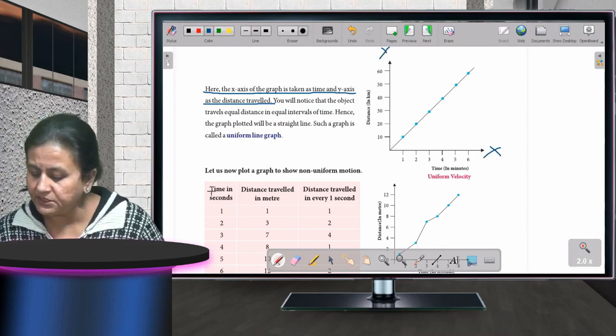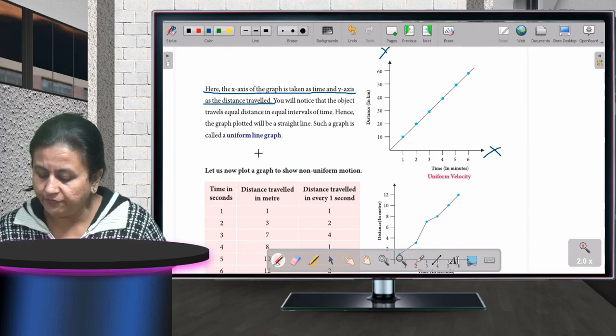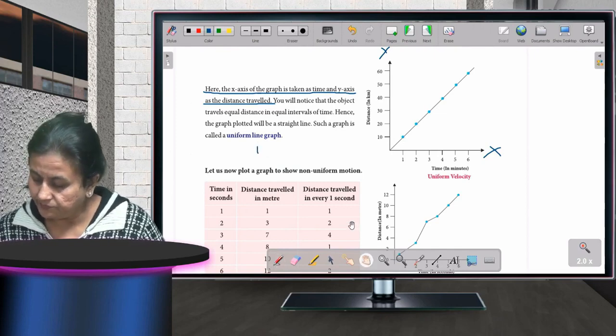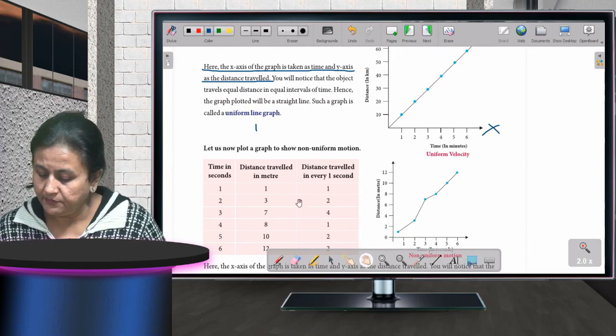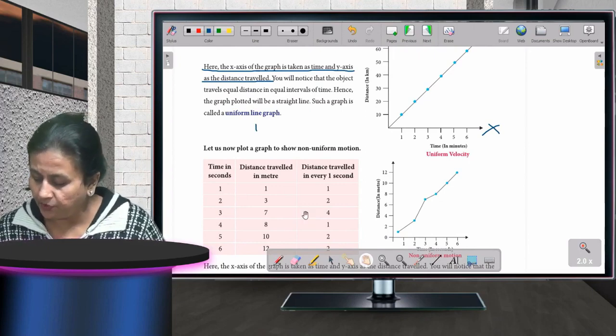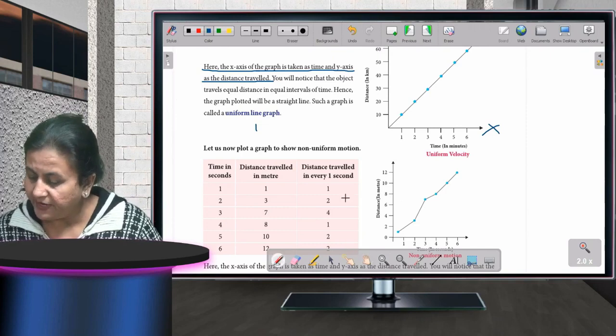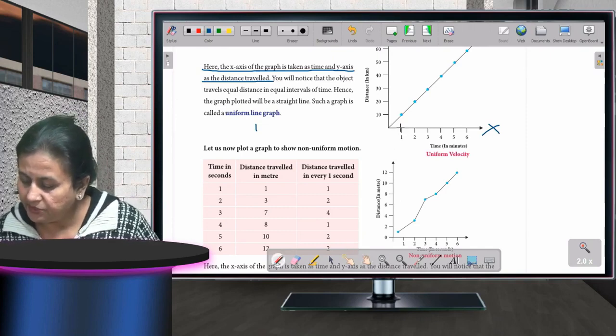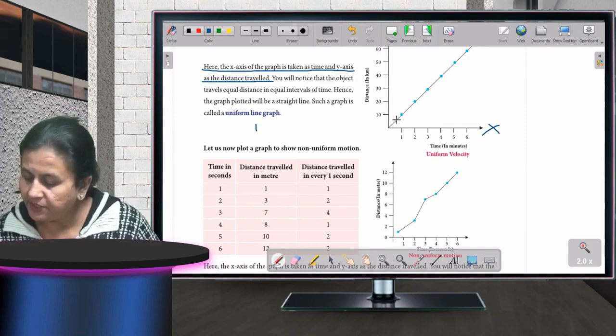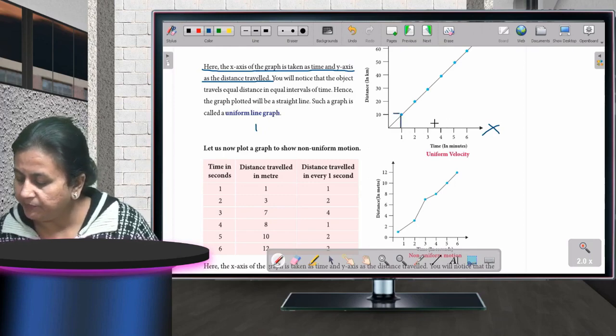Now with its help, what are you going to plot? The points over there. So if I say in 1 minute, how much distance is traveled? 10 kilometers. In 2 minutes, how much distance is traveled? 20 kilometers.